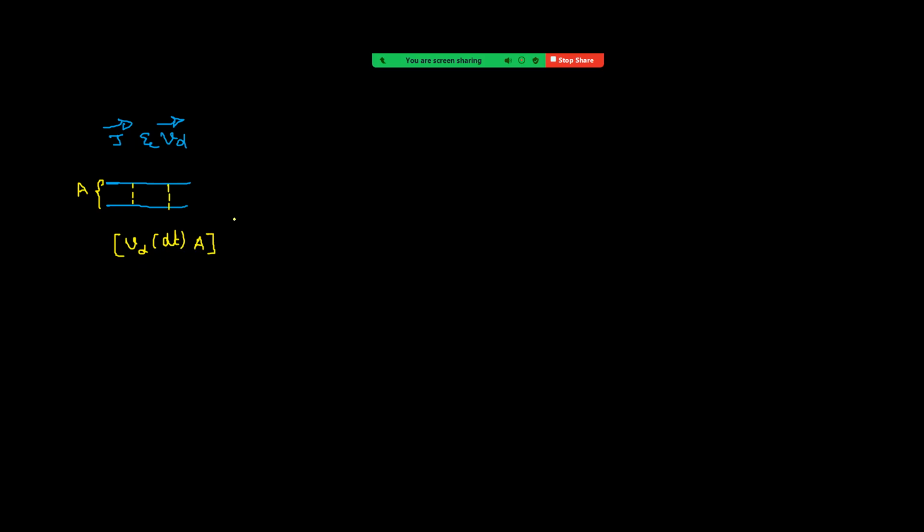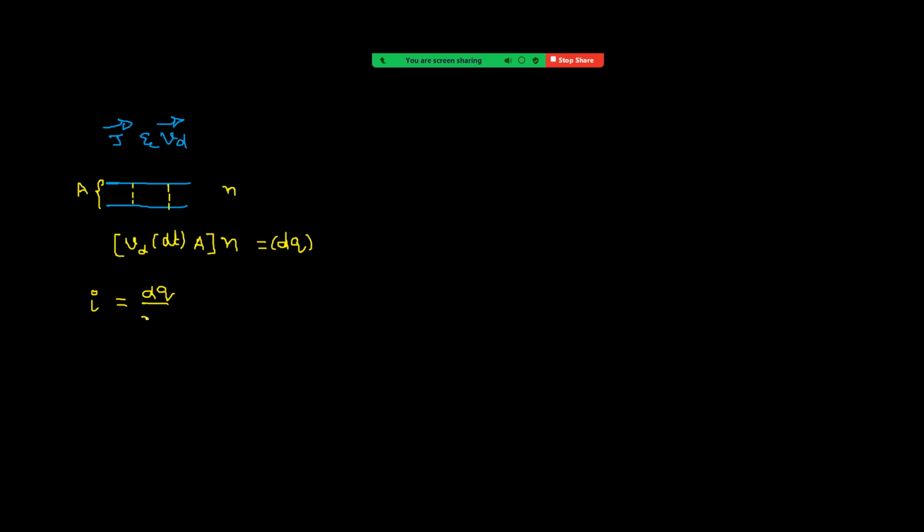This gives us volume. Let us take now n to stand for the number of free electrons per unit volume. So I'm multiplying by n. This is the volume, and this is the number of free electrons per unit volume. This is giving us the charge, the charge confined to that volume. Okay, this is now dq. So if you want to find the current, I is now dq by dt.